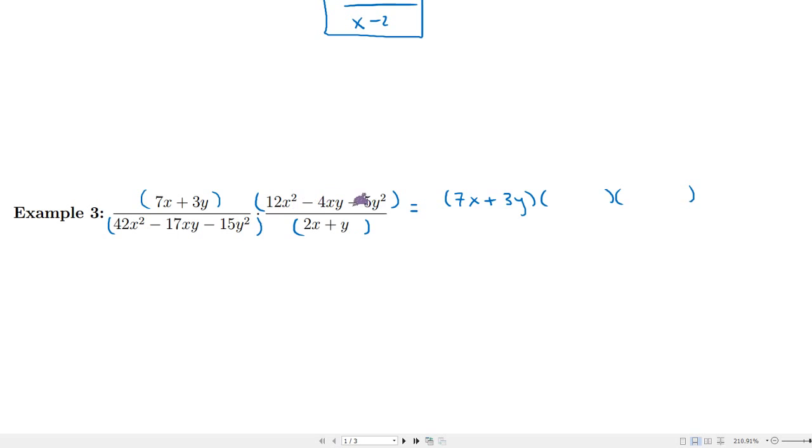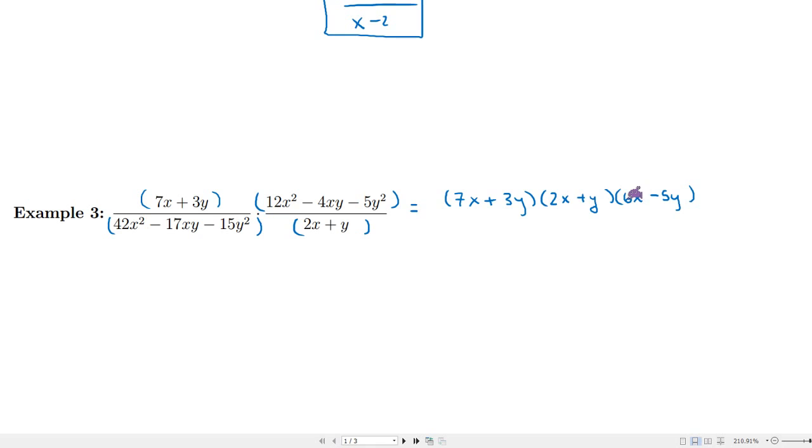We don't have anything constant-wise that we can factor out, but by trial and error, looking at these factors, we'll have 2x and a 6x and a plus y and a minus 5y. It looks like that'll work.